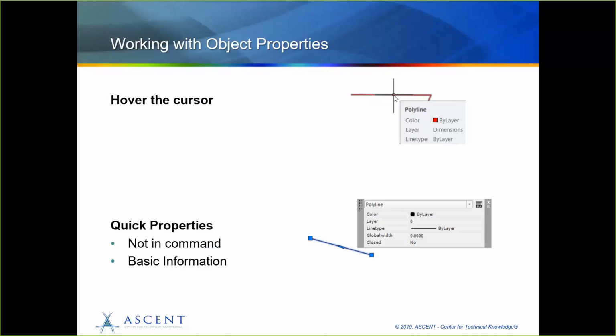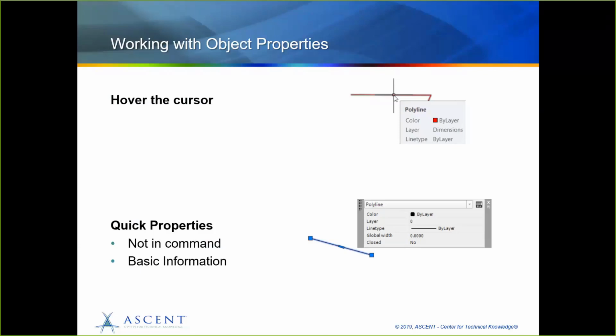The small panel that you see in the second figure on your screen is the Quick Properties panel. It gives you some of the basic information. In addition to that, you can also change that information in this Quick Properties panel. The properties that are provided vary depending on the type of the object that is selected.